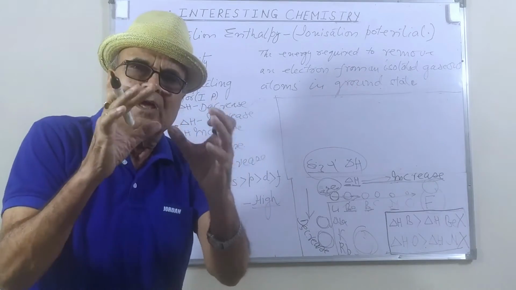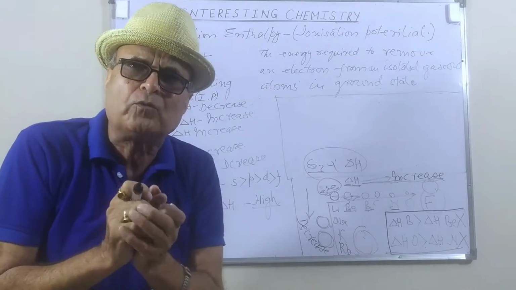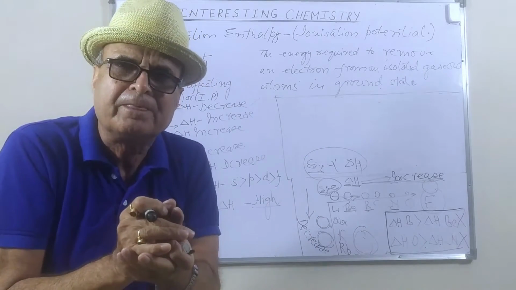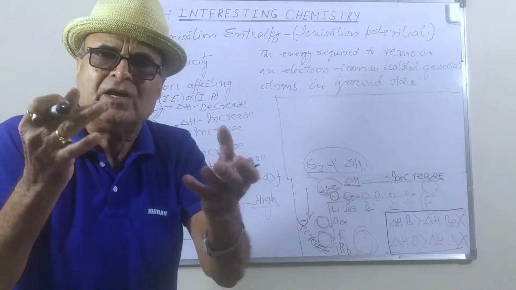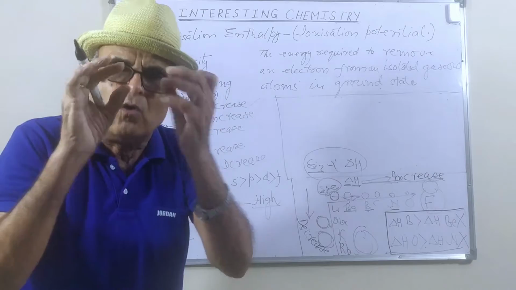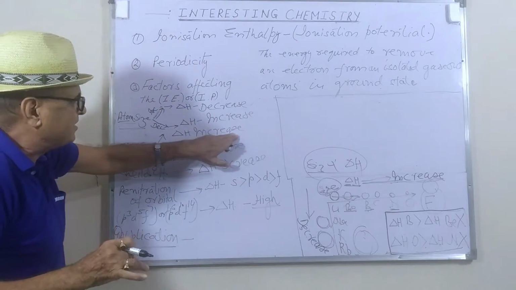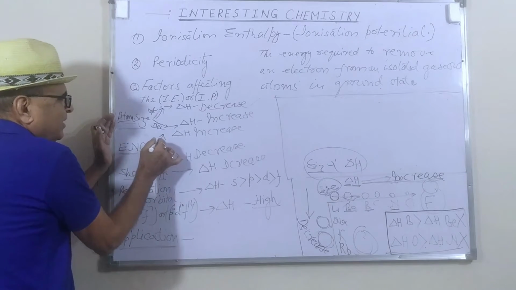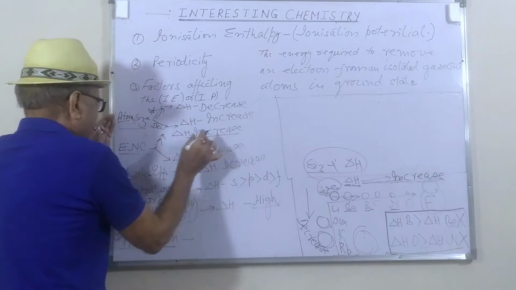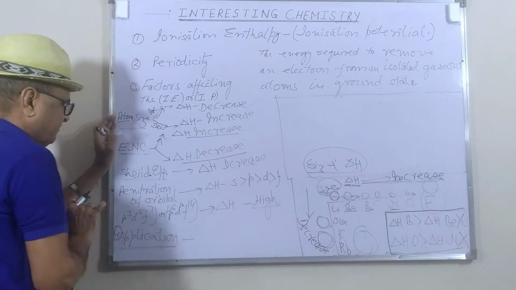So the ENC will attract the electrons more powerfully, and if you want to remove the electron, the required energy will be more. So delta H will increase with ENC. When ENC increases, delta H increases; when ENC decreases, delta H decreases.